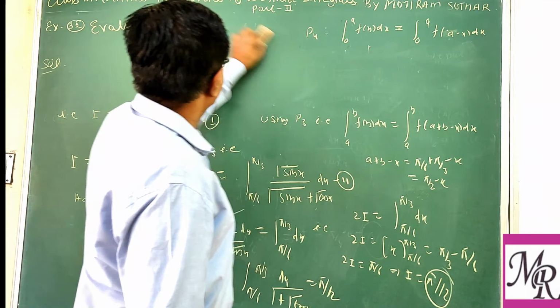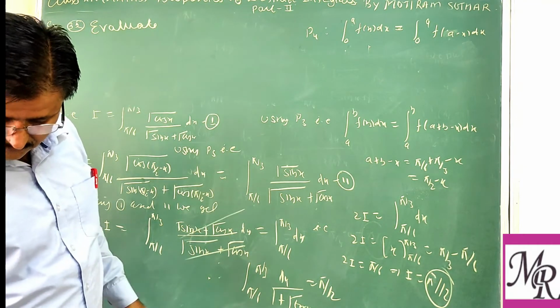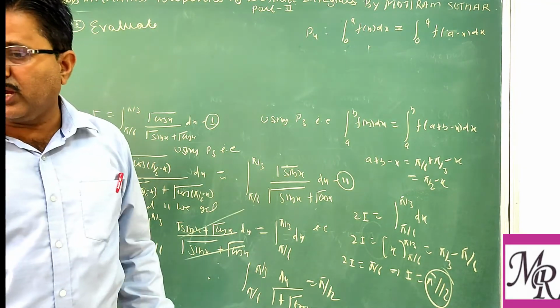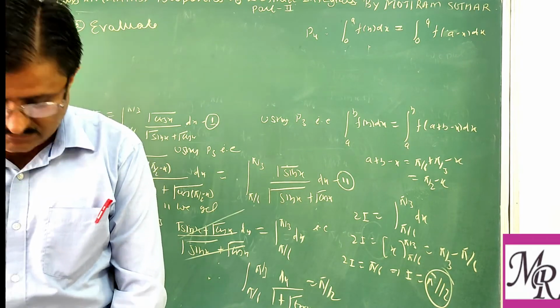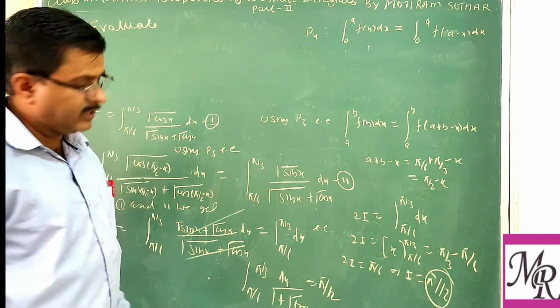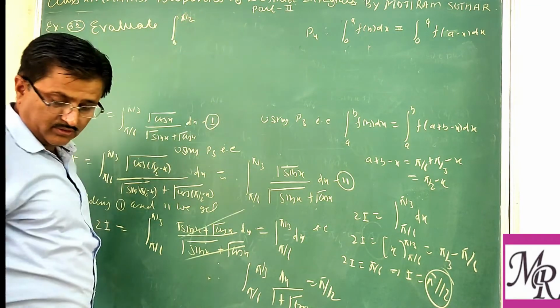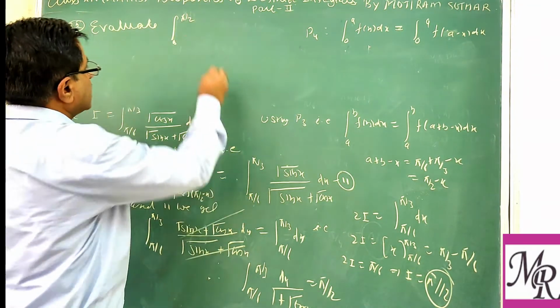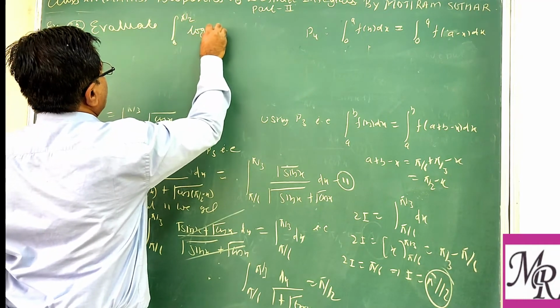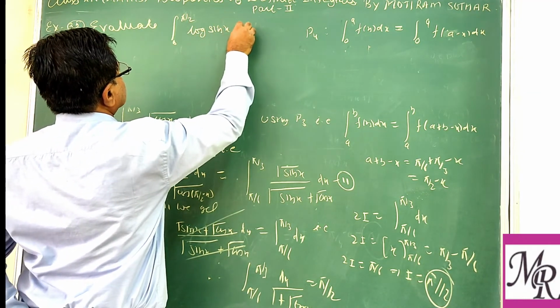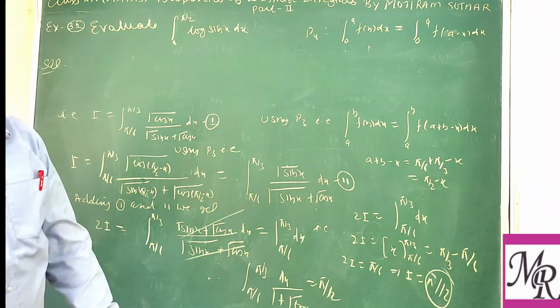So you may write down this. And one more example we see here, that is also very important. Evaluate the integral from 0 to pi by 2 of log of sin x dx.